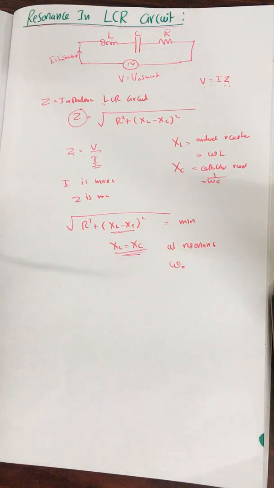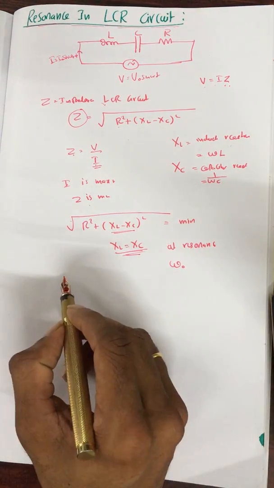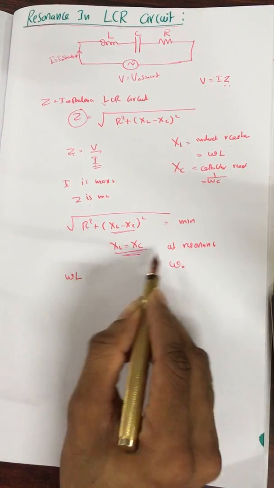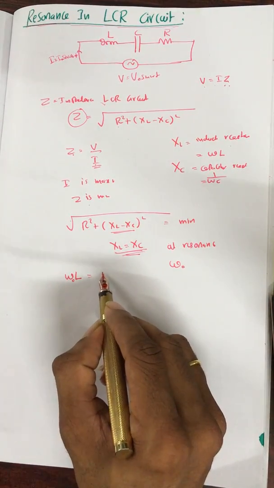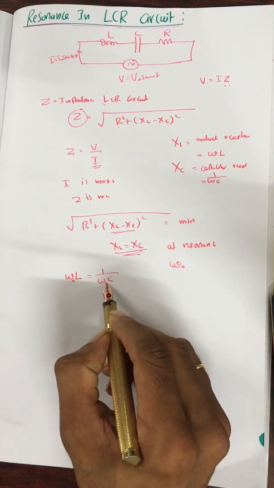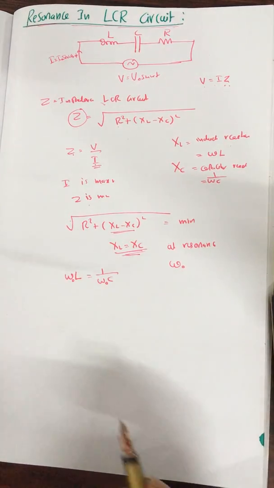At resonance, obviously current is maximum, Z is minimum, XL is equal to XC. So XL is equal to omega naught L, since at resonance I use omega naught, which is equal to XC, that is 1 by omega naught C. Now I have to find the expression for the resonance angular frequency as well.